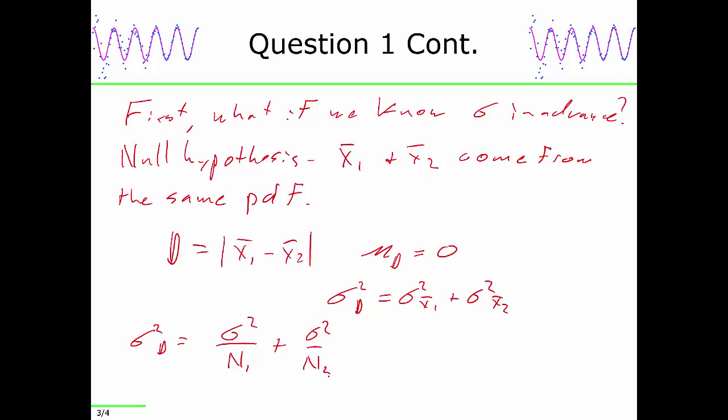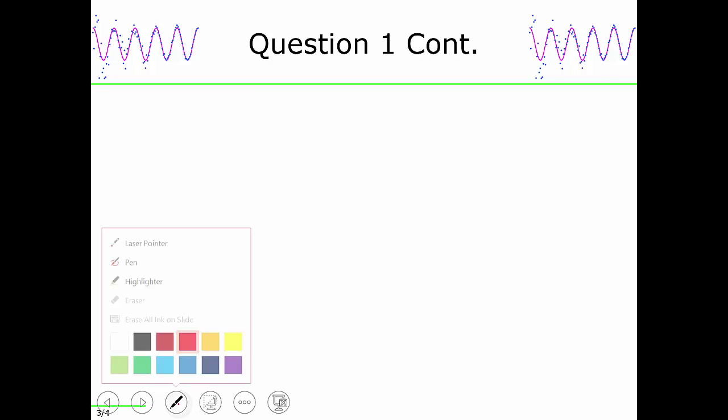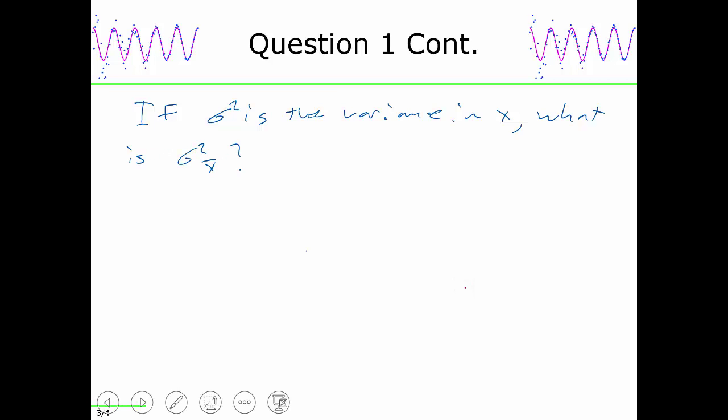All right. So if we have sigma as being the distribution in n, maybe we'll go over here. We'll make a new one and even color it differently to distinguish it. If sigma squared is the variance, what is the variance in x bar? And this is one of the ones we worked through previously.